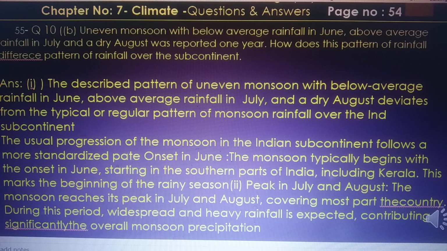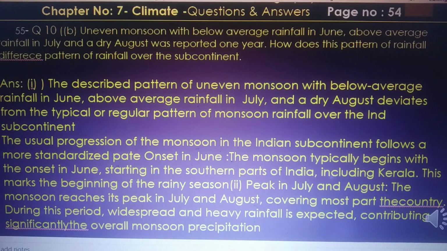And uneven monsoons, since below average rainfall in June, average rainfall in July and a dry August was reported in one year. How does this pattern differ from the usual pattern of rainfall over the subcontinent? The reasons: the usual progression of the monsoon in the Indian subcontinent follows a more standardized onset in June.